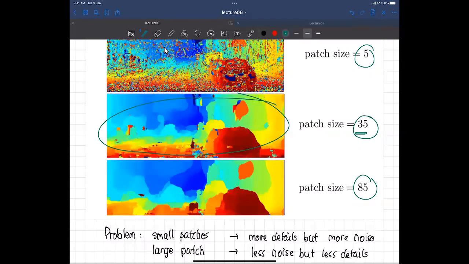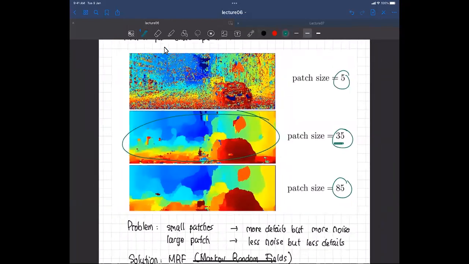So different texture will give you different patch size, even in one single image. And that's the problem that we want to solve. Okay. Any questions so far? So that's a really important motivation for us to discuss MRF, Markov random field.